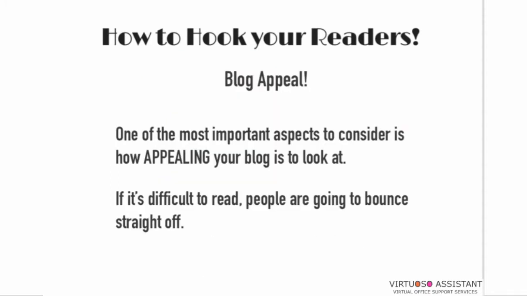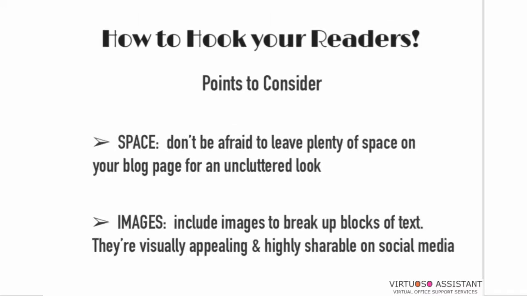As well as giving your articles a neat structure, you need to think about if your blog has blog appeal. Because one of the most important aspects to consider is how appealing your blog is to look at. If it's difficult to read, then people are going to bounce straight off. They're going to think, nope, that looks awful, I'm going. So to help you get some blog appeal, there are some basic points to consider.